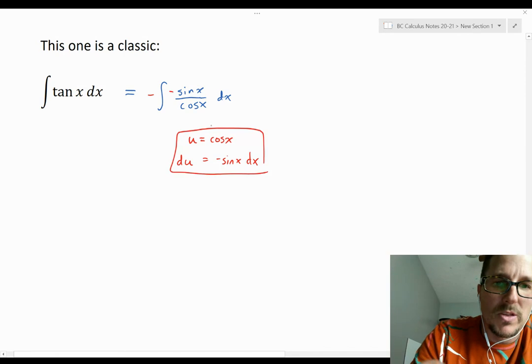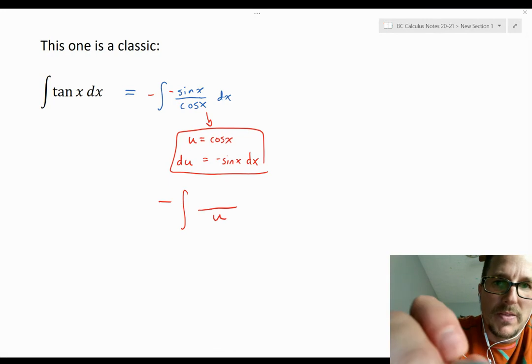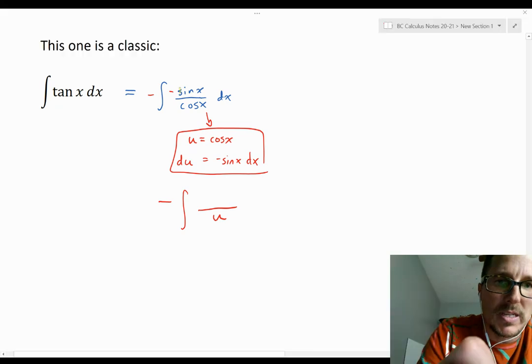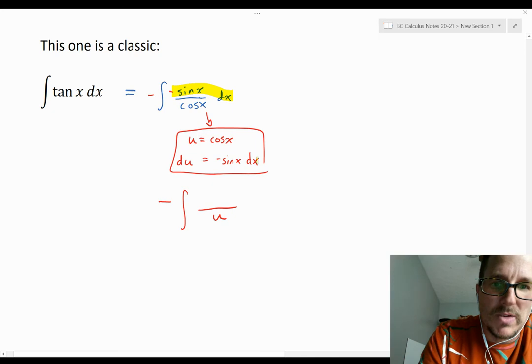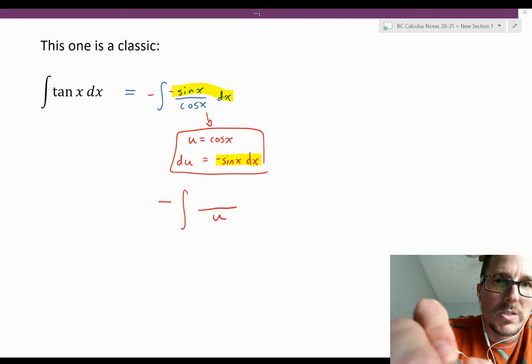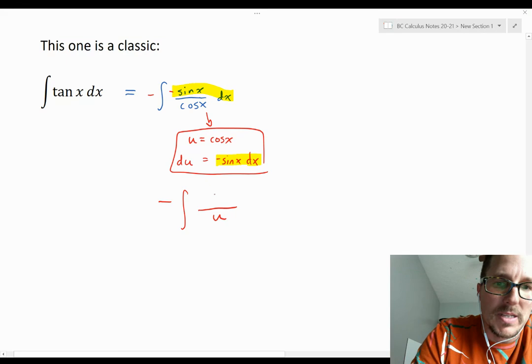Send that through the u filter, and I will get negative the integral. Let's see, cosine x in the denominator becomes u. And then all of that numerator, which is negative sine x times dx, right? That is replaceable with du. So I can rewrite this integral as -1 over u du.